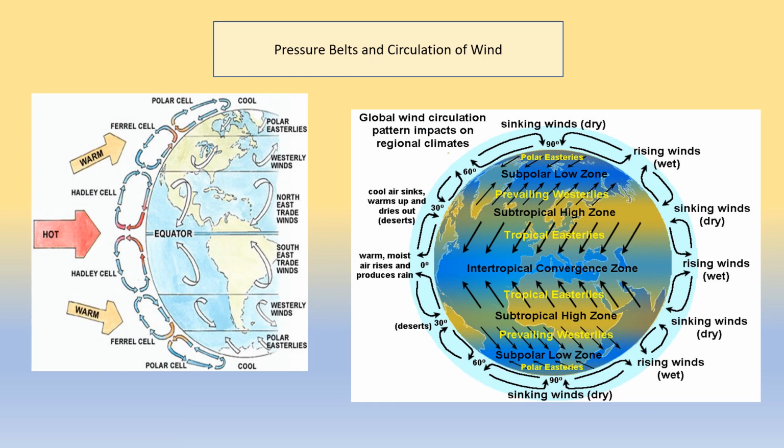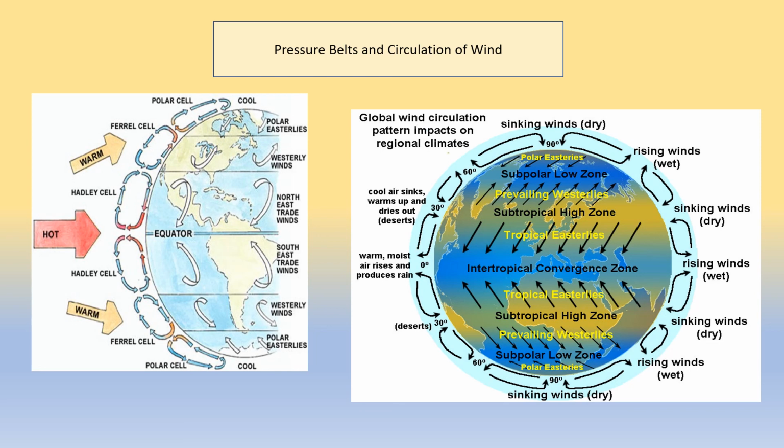Here is the important part which I have just now explained to you. The rising winds are wet, which gives heavy precipitation in the equatorial area, where warm and moist air rises and produces rain. It is called convectional rain. Cool air sinks down at 30 degrees, warms up and dries out, and the deserts are formed in this region.